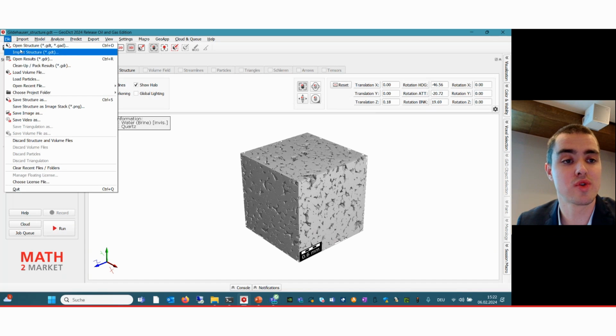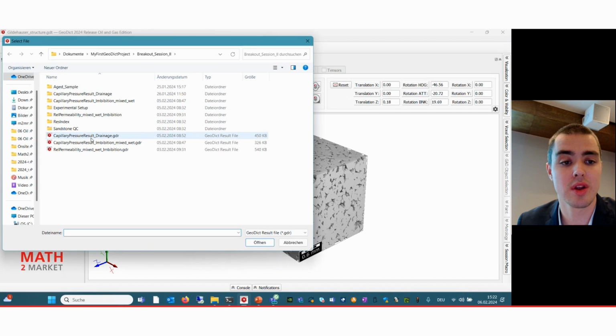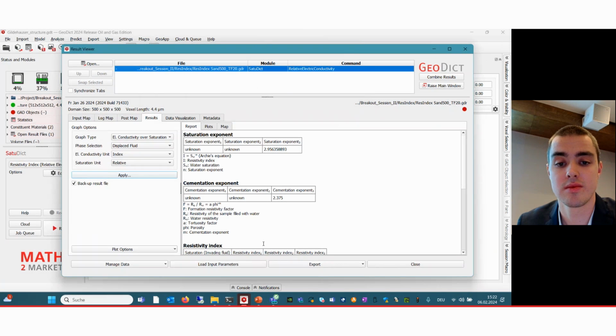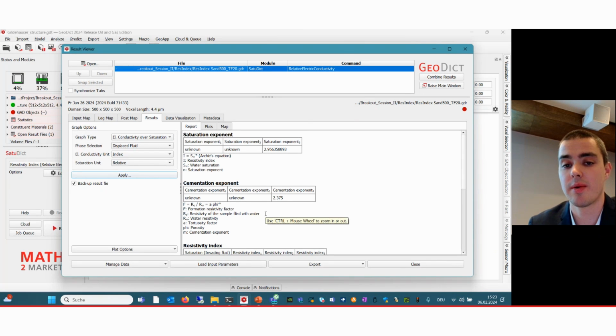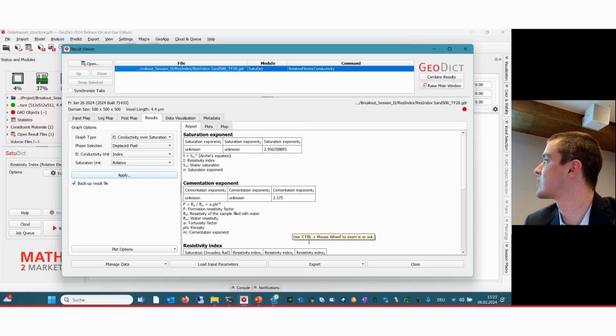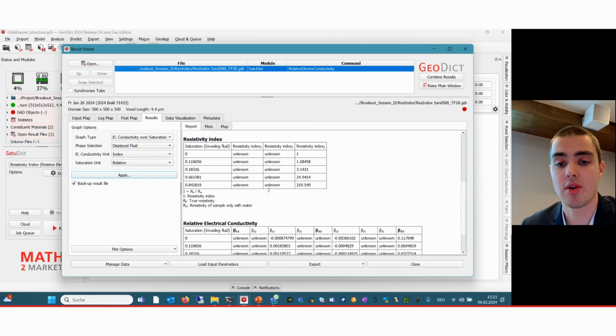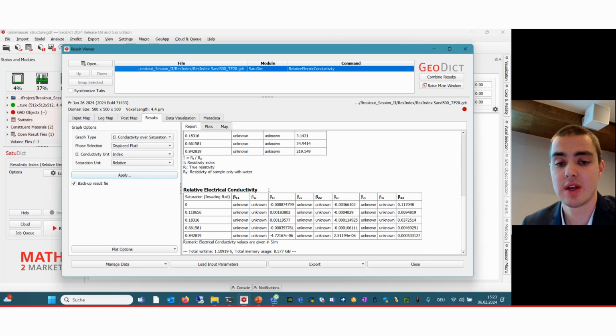So also briefly, I would show you the results here. And this is it. You will get the tables of the predicted saturation and cementation exponents, as well as the table of resistivity indices, with also the direction that you use to compute.